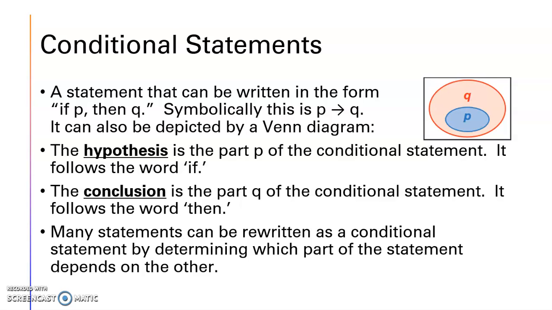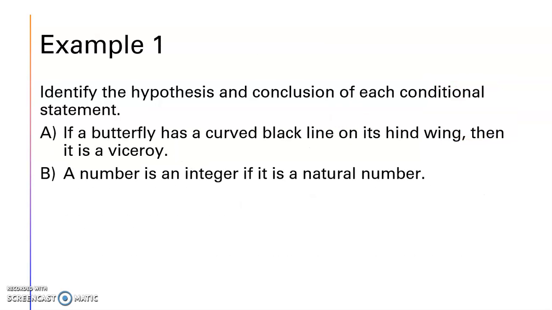Now let's take a look at an example where we need to figure out what the hypothesis and the conclusion of a given conditional is. In example 1, they want us to identify the hypothesis and conclusion of each conditional statement. In part A, it says if a butterfly has a curved black line on its hind wing, then it is a viceroy.